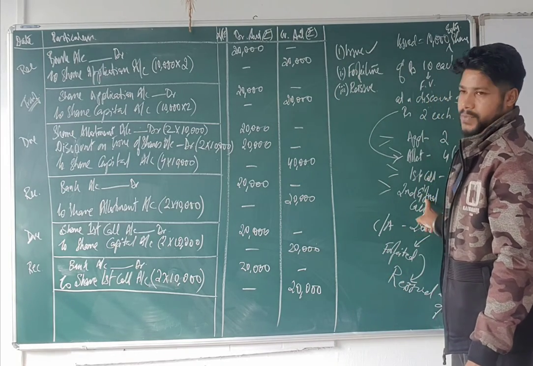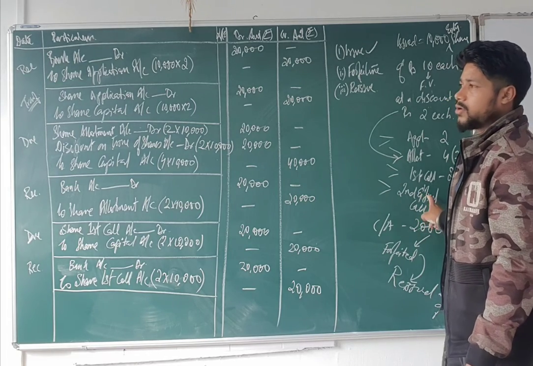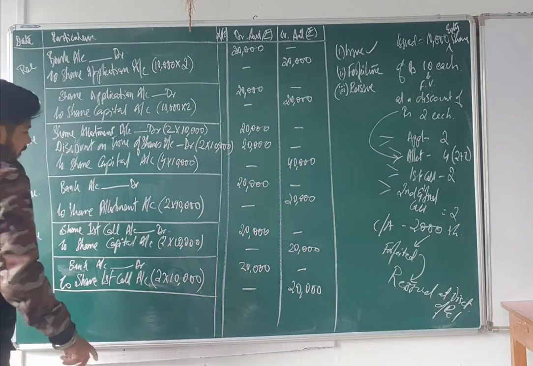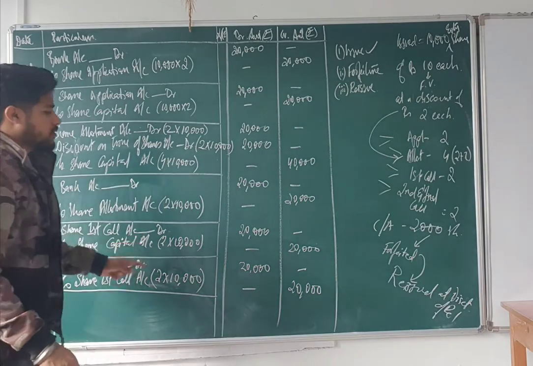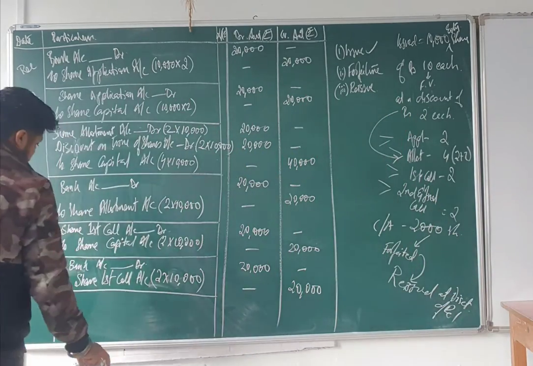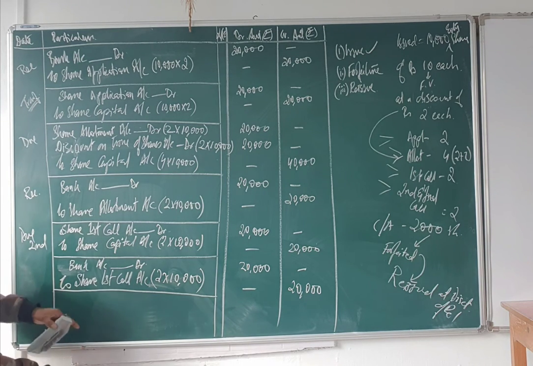Now second call. Okay? Now try to understand how we do second call, because there is calls-in-arrears. We are not receiving. So what I'll do, I'll take up the entry of first call and we will need the entry for second call. So due entry will remain same. I do not have space here, so I'm not writing here, otherwise I would have written here.